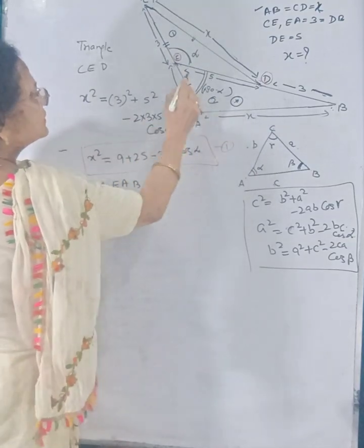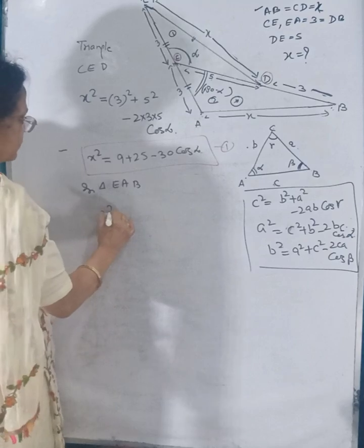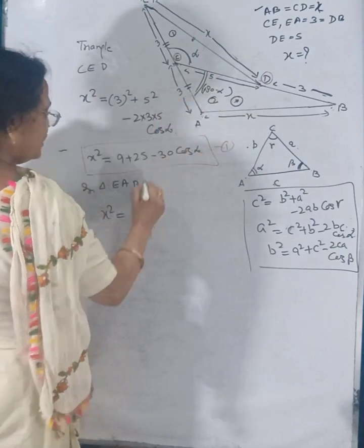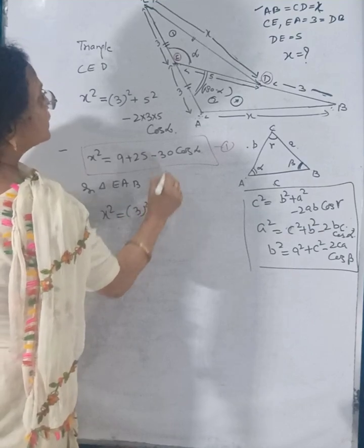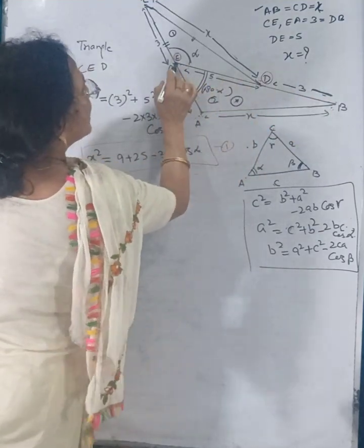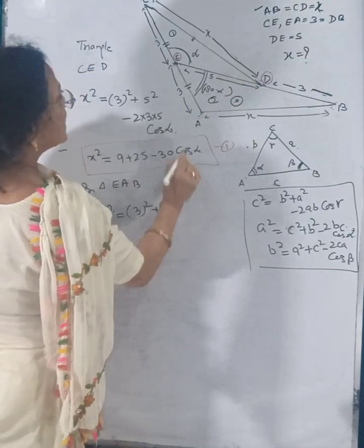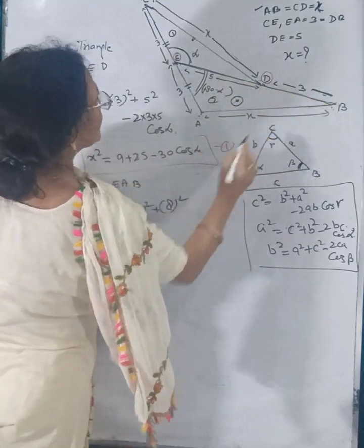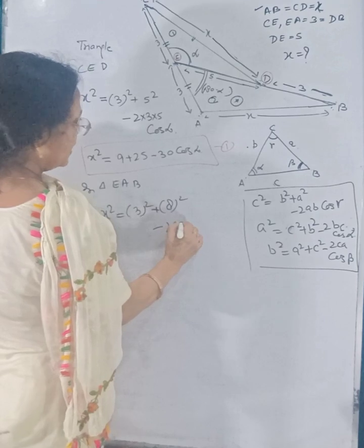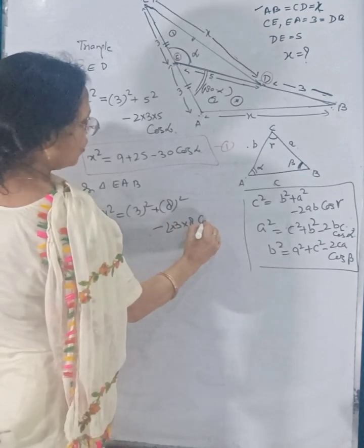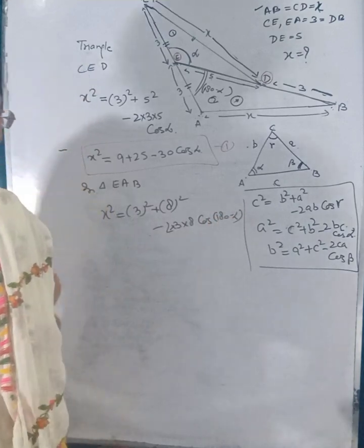Now as per this triangle we can write x square equal to 3 square plus another arm, 5 plus 3, which is 8 square, minus 2 into 3 into 8 into cos of 180 minus alpha.